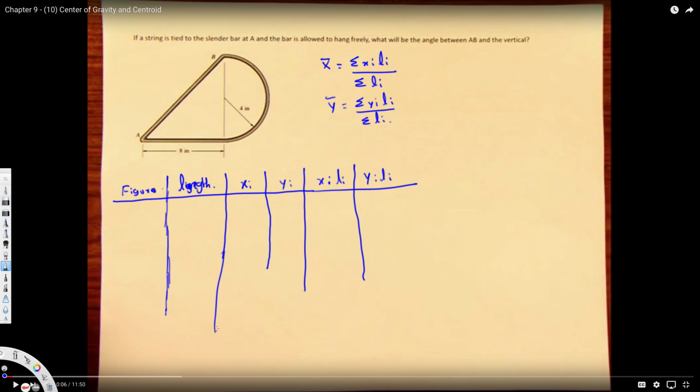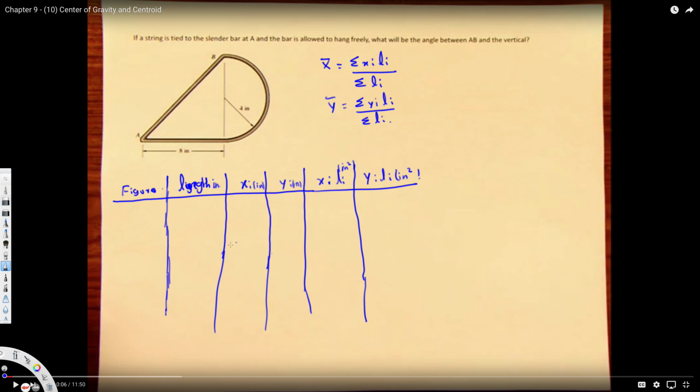So let's put the units for these things. The unit for length is going to be inch. Li is also inch. Yi also inch. Xi li is inch times inch, so inch squared.